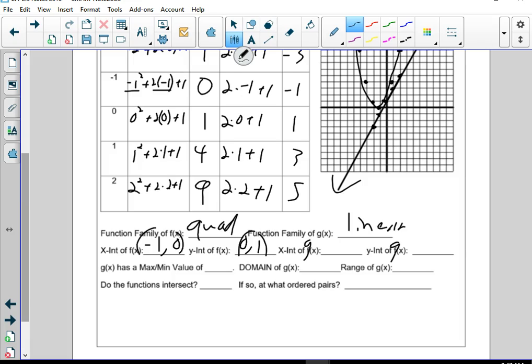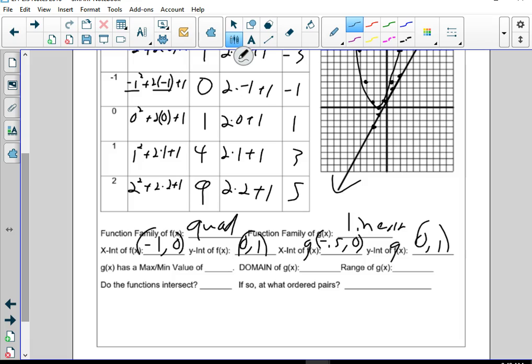We're on it now. G of x, which is our line, has an x-intercept. Let's see. It's 0, 1. Or 1, 2. Yeah, 0, 1. No, that's the y-intercept. 0, 1. Okay? So the x-intercept on this one looks to be about negative 0.50. That's an approximation, because it's kind of in between there.